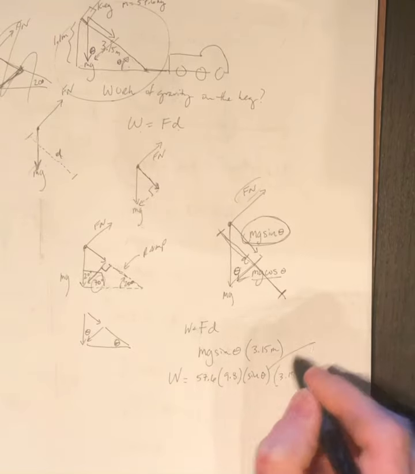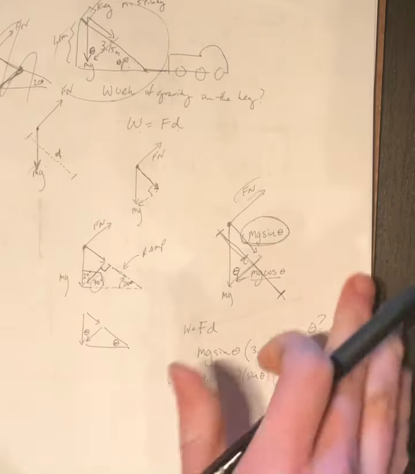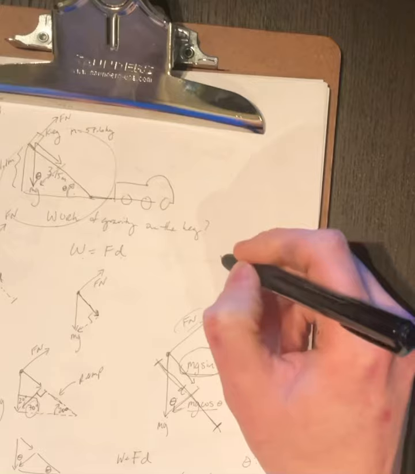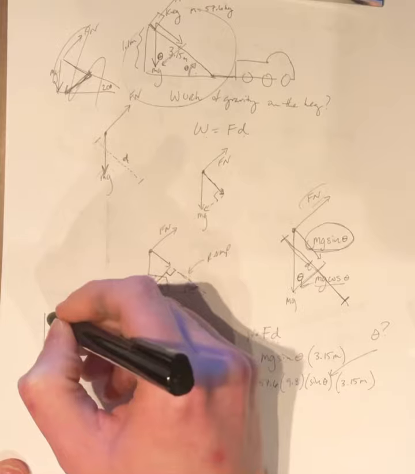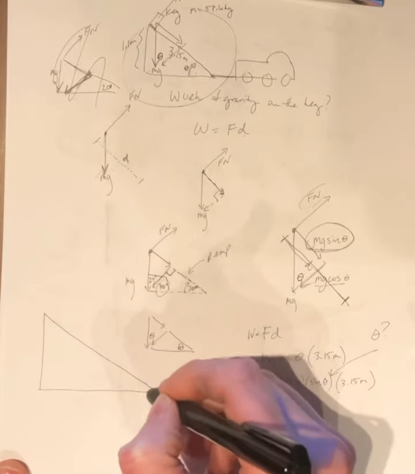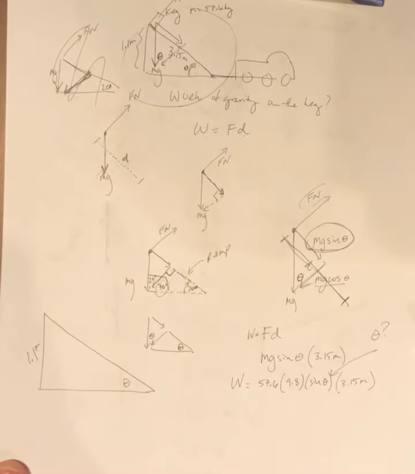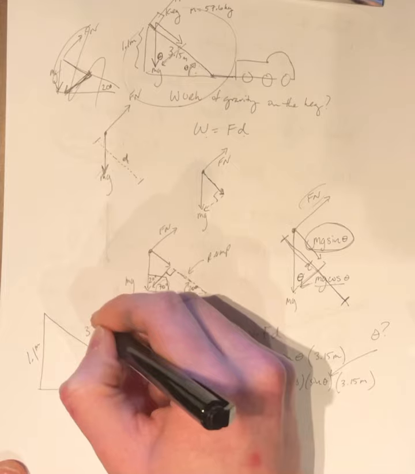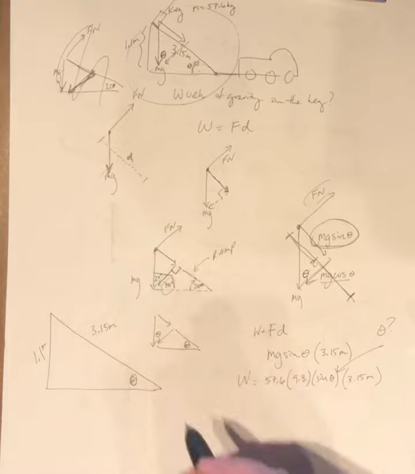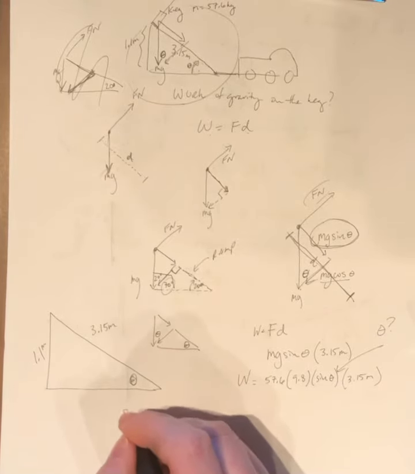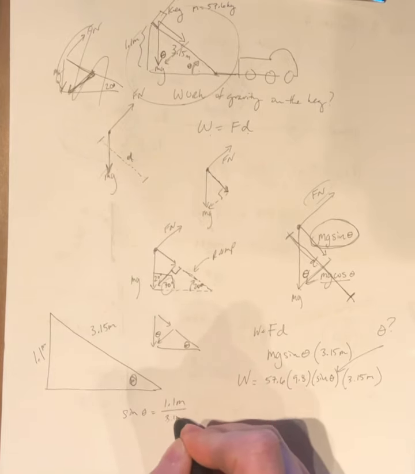Right this moment, we don't know what theta is. So let's go back and figure what it is. So if we have a right triangle, we redraw our little guy. We're looking for theta. We know that this height was 1.1 meters. We know that the length of this ramp was 3.15 meters. So for theta, sine theta is equal to opposite over hypotenuse.